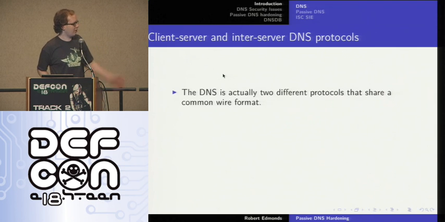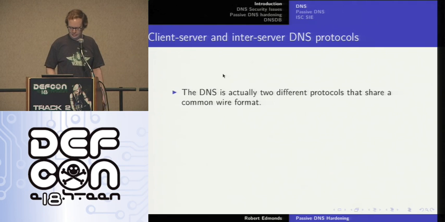I just explained we have 2 different protocols. One that the client speaks to the cache, and one that the cache speaks to the content name server. And these are fairly different semantics, but they use the same wire protocol. So the DNS is commonly considered to be port 53, but it's terrifically complicated.